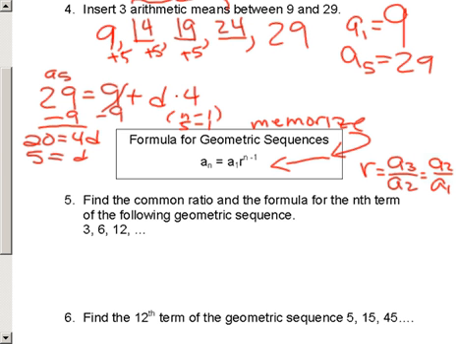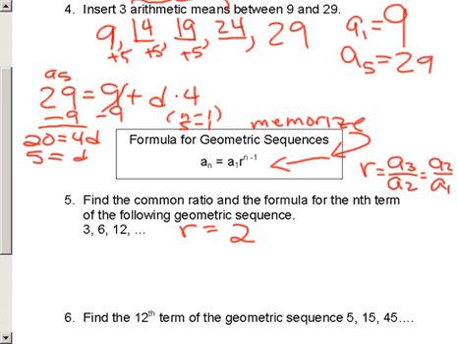And A1, of course, is the first term again. So here, what's R in number 5? 6 divided by 3 or 12 divided by 6? R, that's the formula. You take the third term divided by the second term or the second term divided by the first term. That's from notes 1-2 the other day.